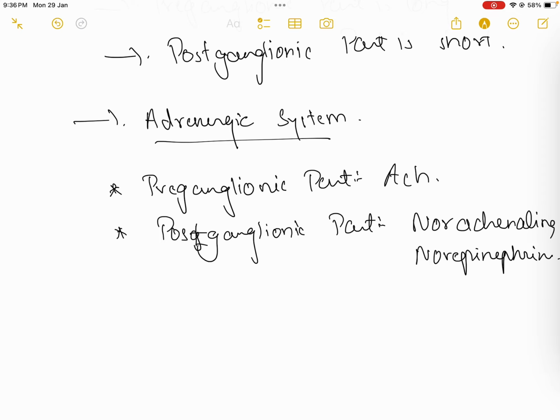This is why we call the sympathetic system the adrenergic system in the pharmacological aspect.